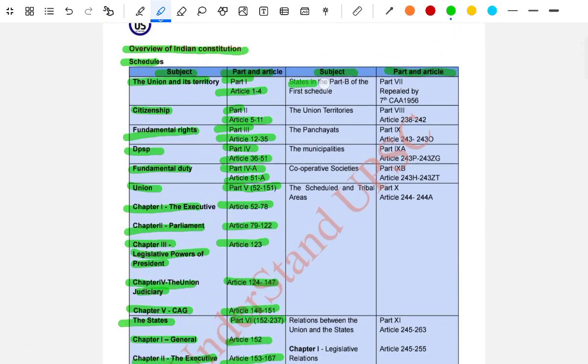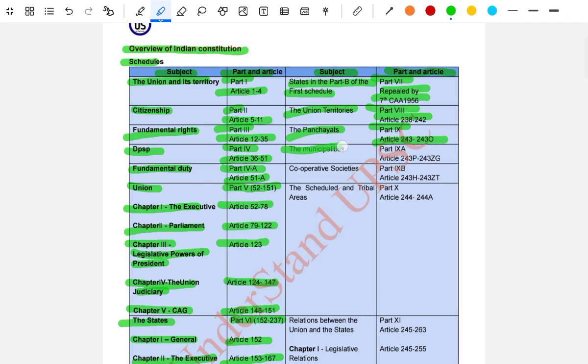States in Part B of the First Schedule: Part 7, repealed by the 7th Constitutional Amendment Act 1956. The Union Territories, Part 8, Article 238 to 242. The Panchayats, Part 9, Article 243 to 243O.